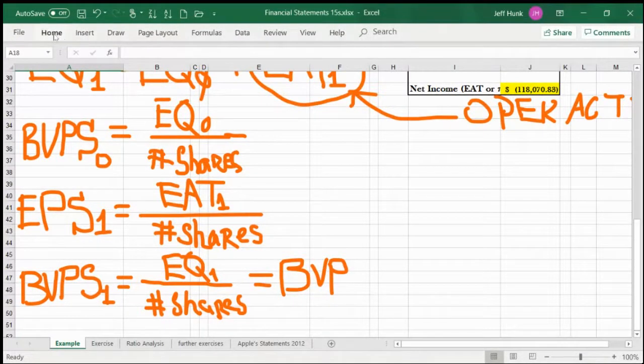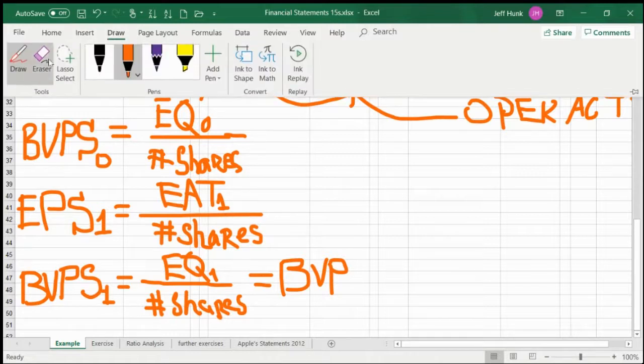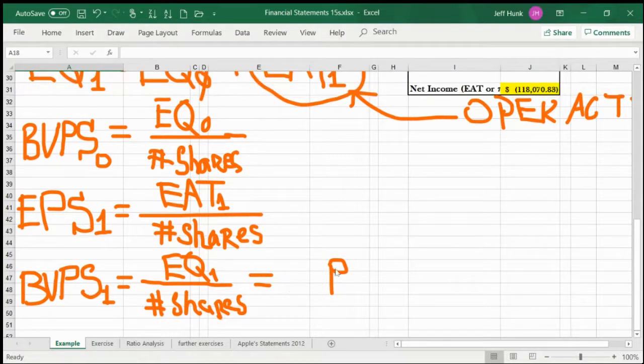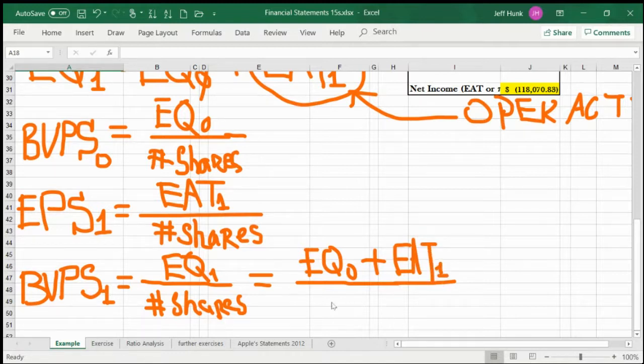Let me do it this way. By definition, equity at time 1 is equity at time 0 plus EAT, earnings after taxes at time 1, divided by number of shares.